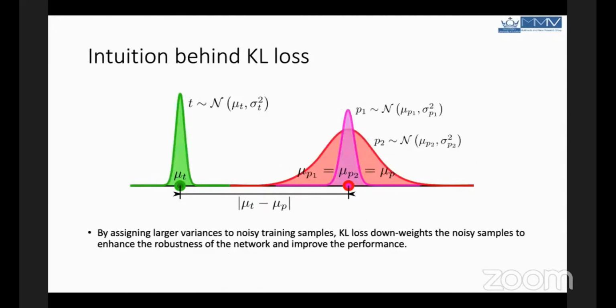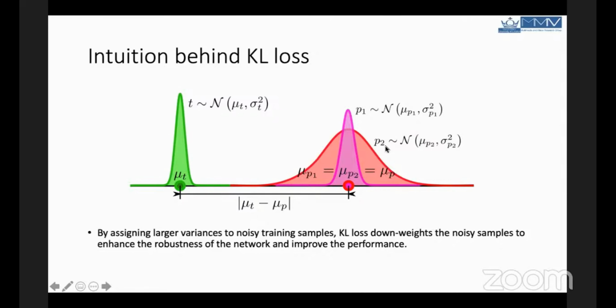The intuition behind this KL loss can be shown in this example. Let's take T as our ground truth, and P1 and P2 are two predictions of the network. If we use the standard L1 loss, then the losses from T to P1 and P2 are the same. However, they have different variances here.